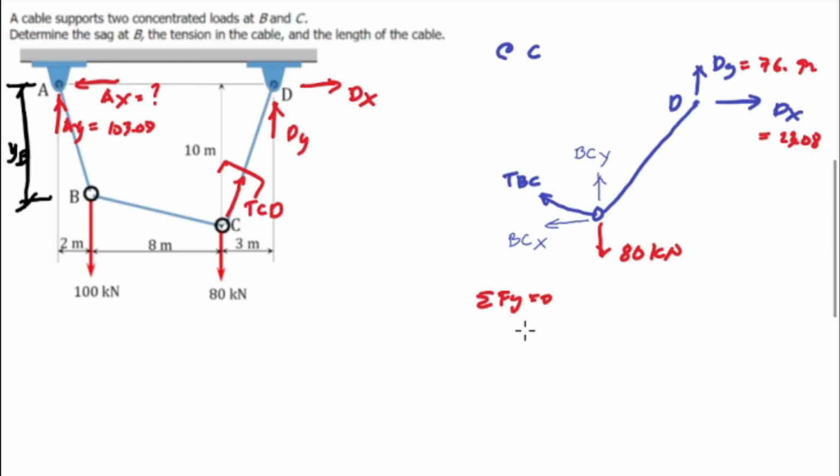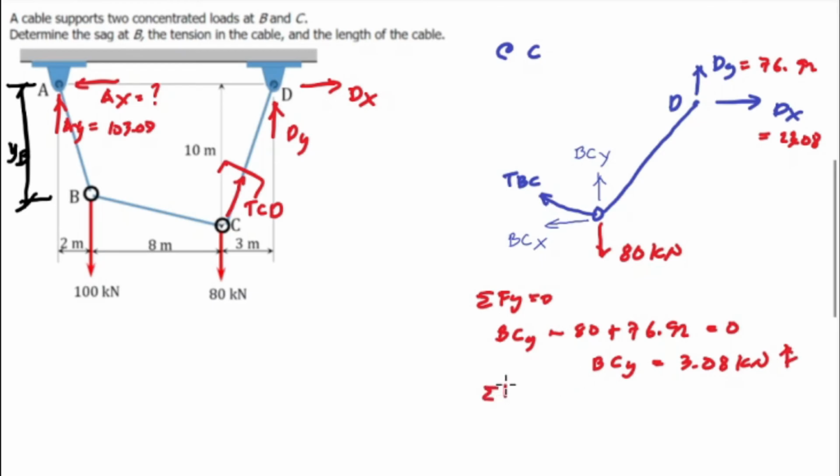So summation of forces along y, we have BCy, the unknown, so BC of sub y positive minus downward 80 kilonewton, and we have d sub y positive, which is 76.92, and equate that to 0. And the value for BC sub y is equal to 3.08 kilonewton, and it is upward direction.